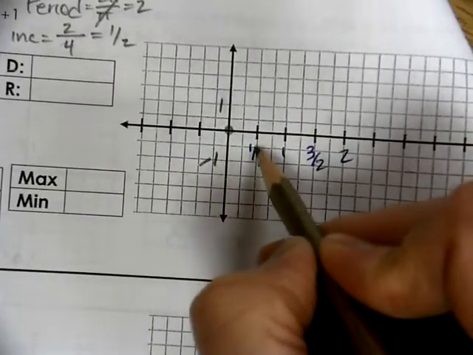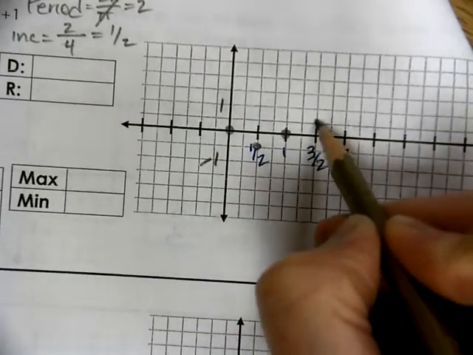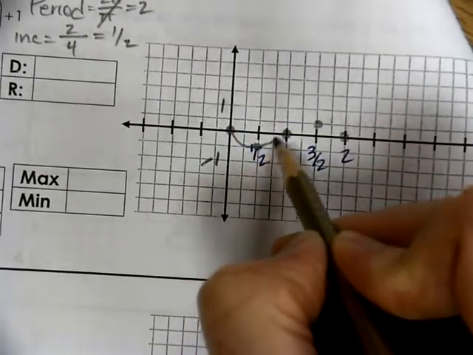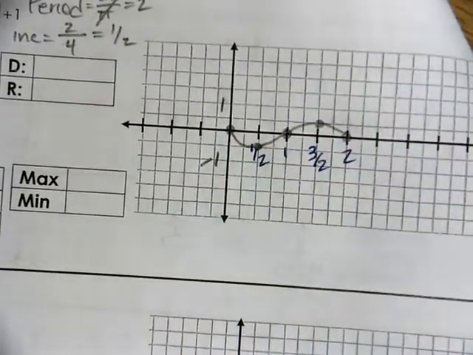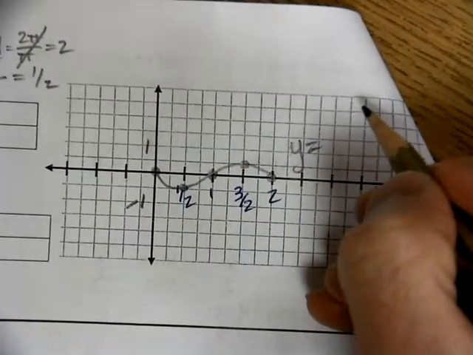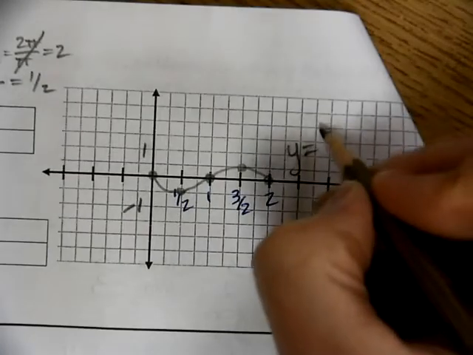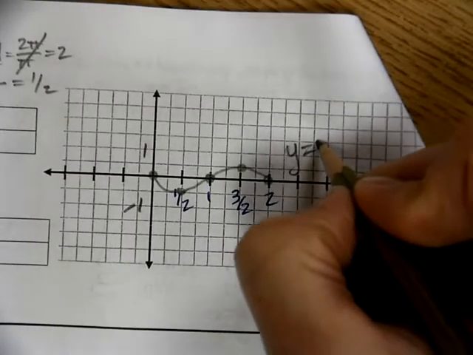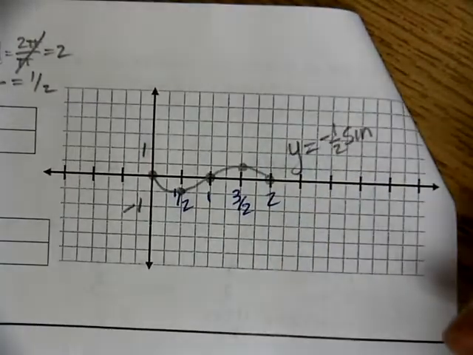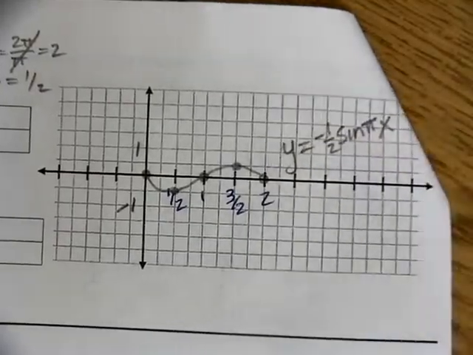So we're going to go down to -1/2, back to 0, and then a +1/2 and back to 0. So that's the graph y equals -1/2 sine of pi x.